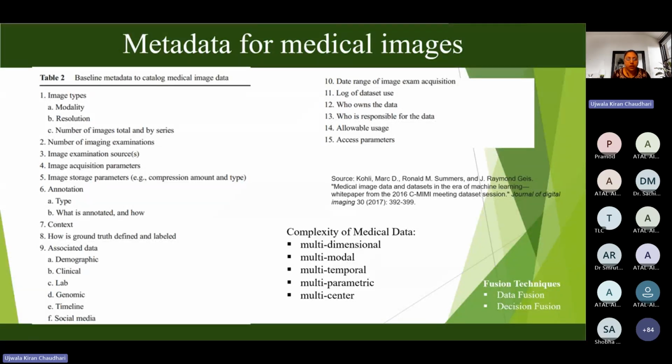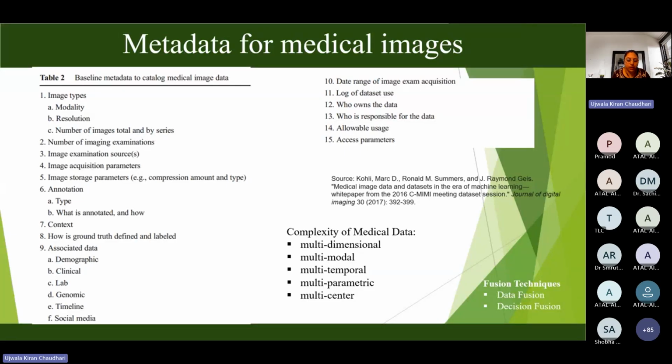Data fusion we can do with different imaging modalities, fusing them together to improve accuracy, or we may fuse textual data like the lab reports along with the imaging plus the doctor's interpretation. So that also comes under it. Merging all of these together will definitely improve the accuracy. So that's data fusion. We make our data robust before we provide it to the AI model to analyze.